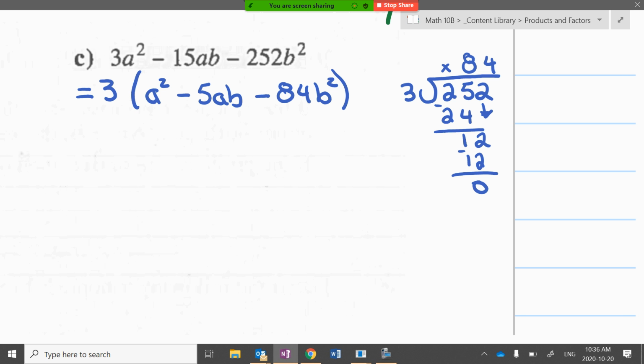84 is a big number. 84 doesn't go into 5. That should be your first reaction, right? 5s are pretty easy to go big, same with 10s. What goes into 84 that you know off the top of your head? 84 and 1, okay.